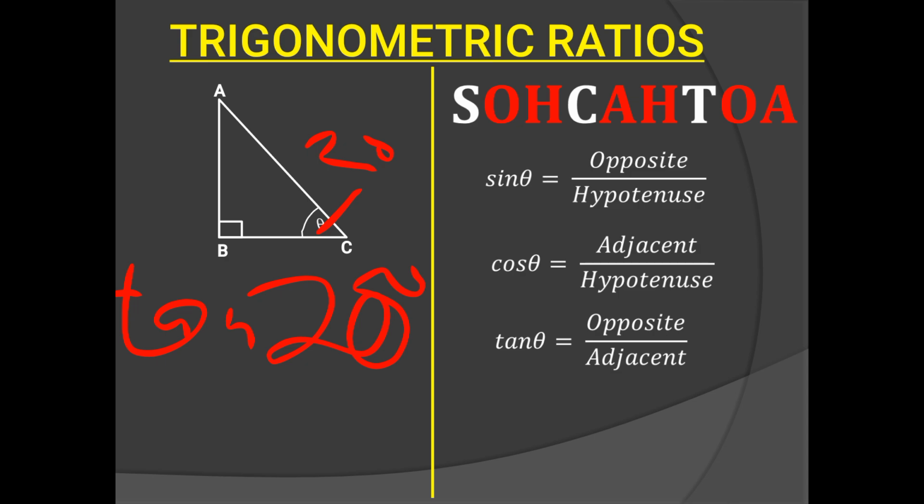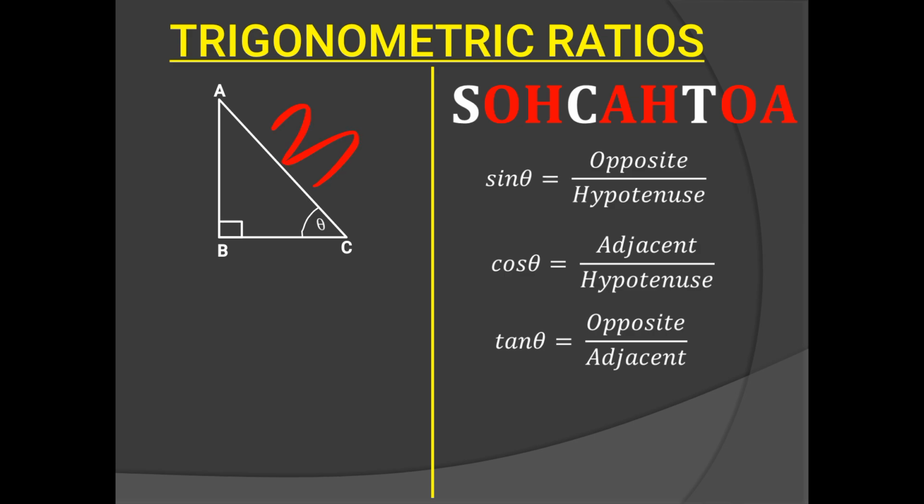If you check well, you realize that each of the ratios has two sides: opposite and hypotenuse, adjacent and hypotenuse, opposite and adjacent. So we need two sides. So imagine the question gave me this side 3 and this side 5.